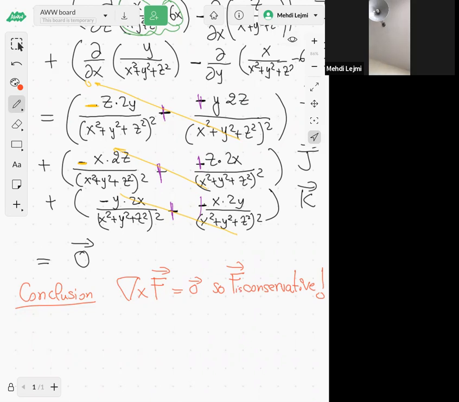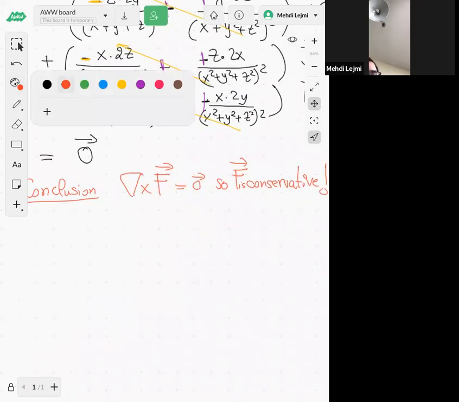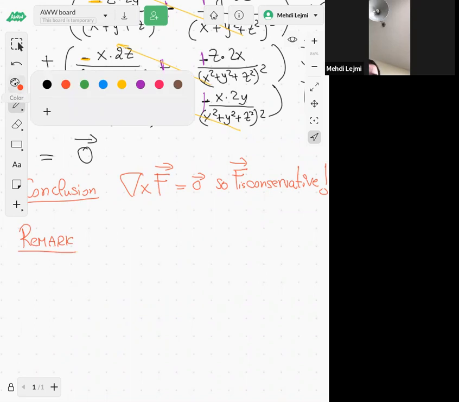All right, guys. So before the answer to the second question, remember the second question was, assuming f is conservative, how can we find the potential function f? Let me just make a couple of remarks here. So the first remark is, if you take this vector field f, I'm going to make a couple of remarks using the last example, the last problem.